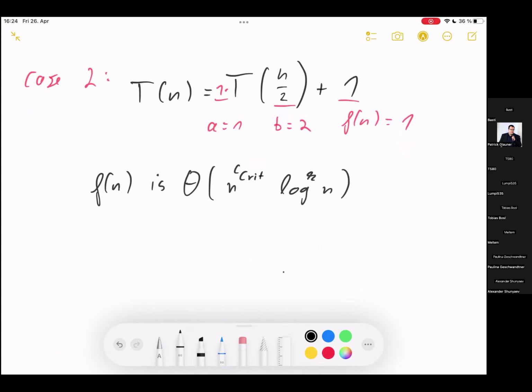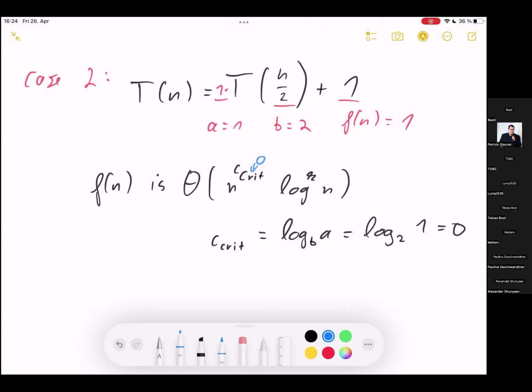We need to calculate our c critical again, which is log b of a. So the binary logarithm of 1. The logarithm of 1 is always 0. So this here would be 0.